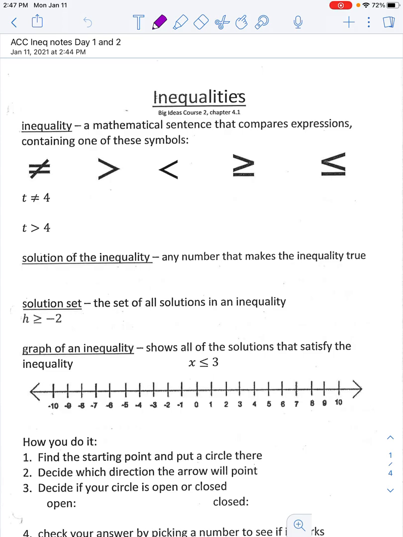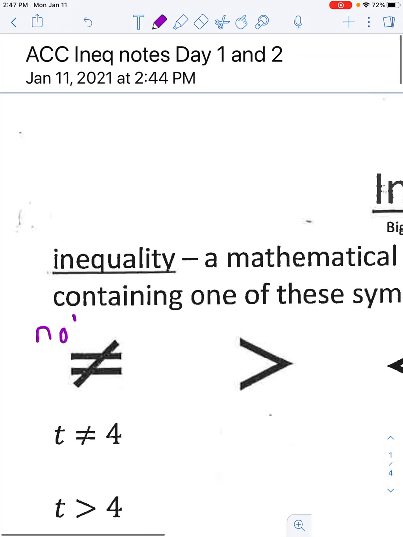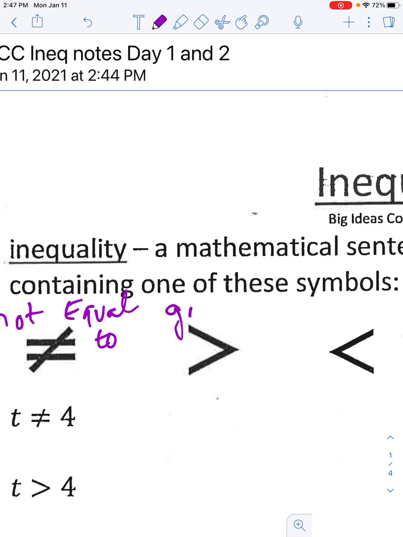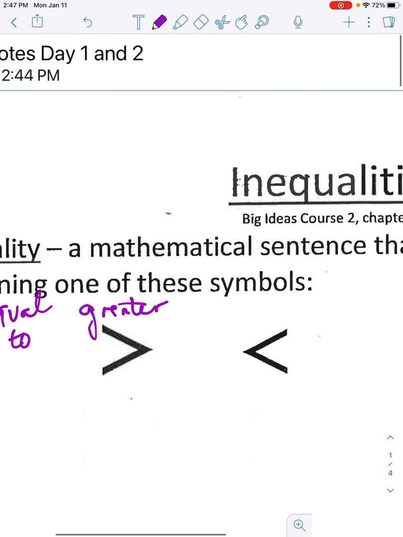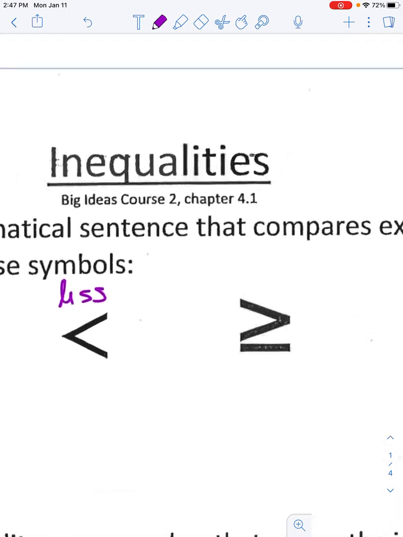Okay, so an inequality is a mathematical sentence that compares expressions containing one of these symbols. So this first one says not equal to. This next one says greater than. The next one says less than.